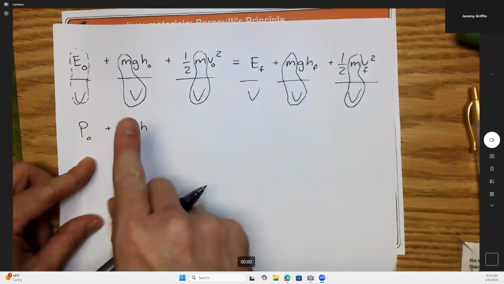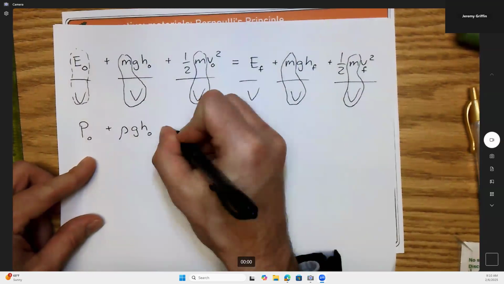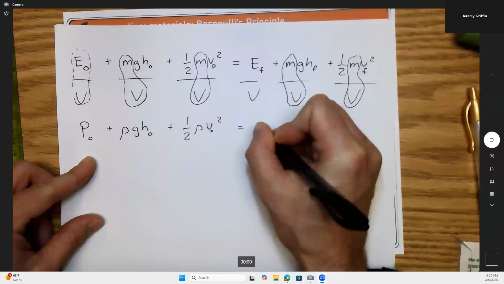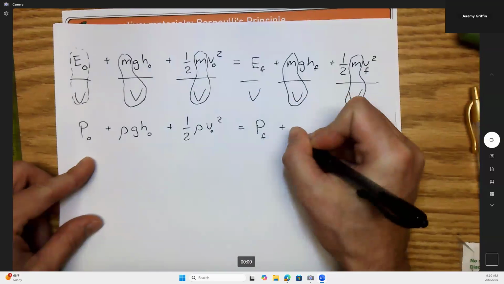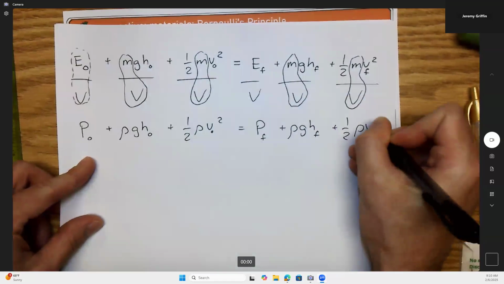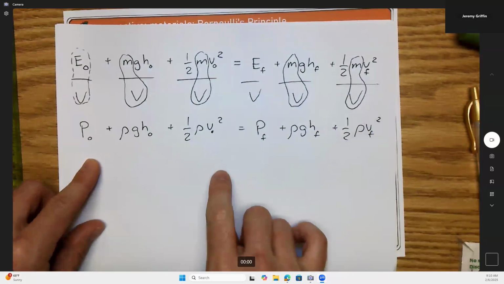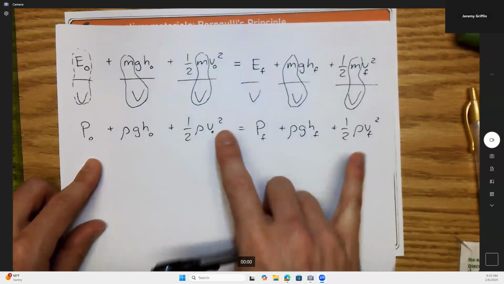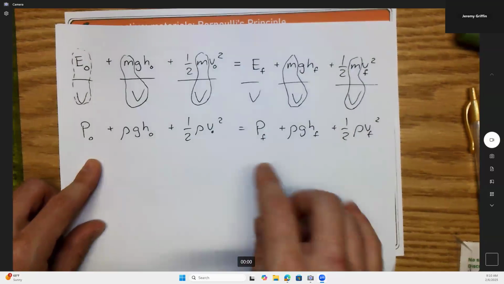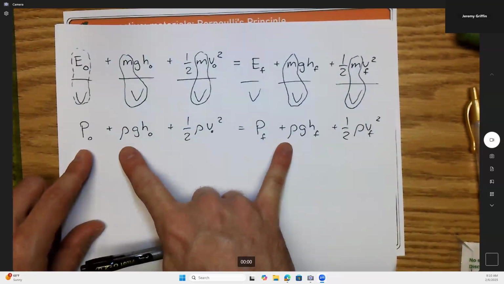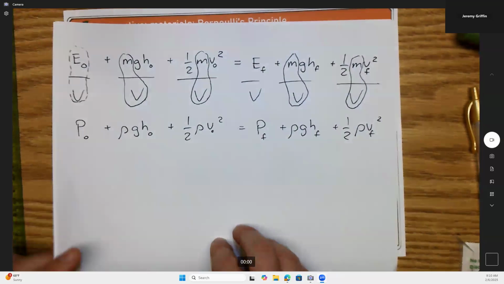The fluid water, plus 1/2 rho v squared equals some internal pressure plus rho gh final plus 1/2 rho v final squared. So by changing the speed of the fluid, which you can do by just changing the pipe size, what you just saw about conservation of flow, that will change the internal pressure. Also by changing the height, a height change could change the internal pressure too.